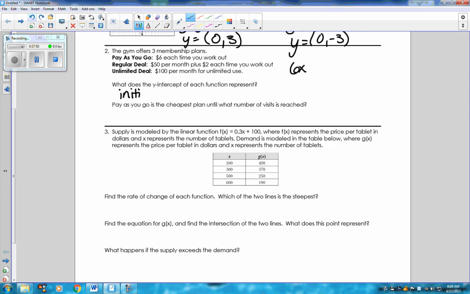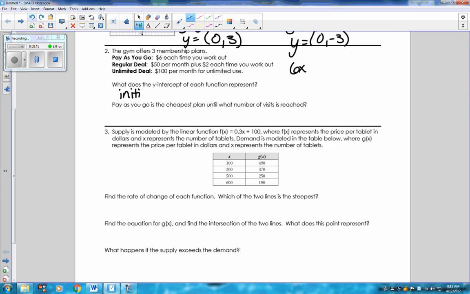And if I look, $50 per month plus 2 times each workout. That's the regular deal. The unlimited deal says it's $100 per month for unlimited use. So if I just worked 1 month of the regular deal, that would be $50 and $2 for each time I work out.